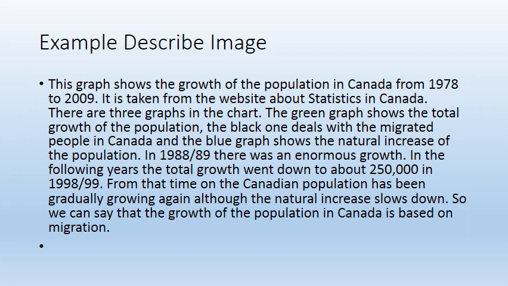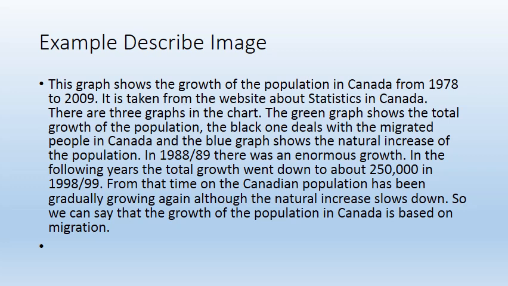This graph shows the growth of the population in Canada from 1978 to 2009. It is taken from the website of Statistics Canada. There are three graphs in the chart. The green graph shows the total growth of the population. The black one deals with the migrated people in Canada, and the blue graph shows the natural increase of the population. In 1988-89, there was an enormous growth.